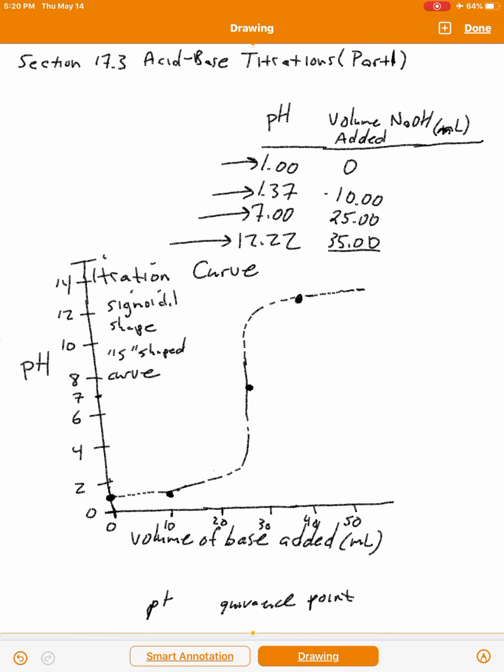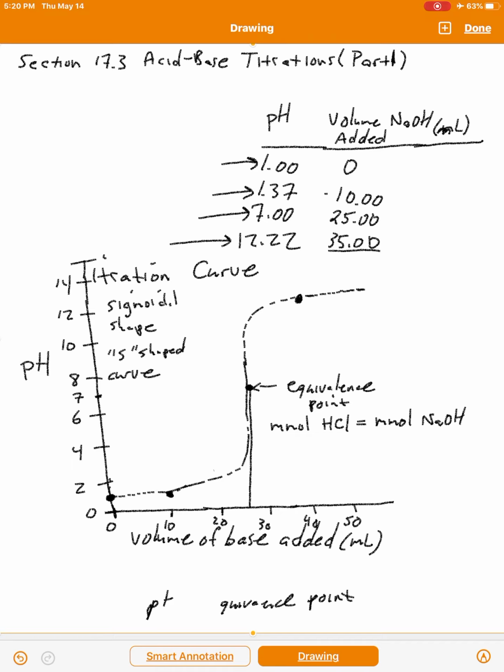Now, the equivalence point is right here in the center. This is the point on the curve. This is called the equivalence point. And this is the case where the millimoles of the HCl, the analyte it's called, is equal to the millimoles of the sodium hydroxide, which is called a titrant.